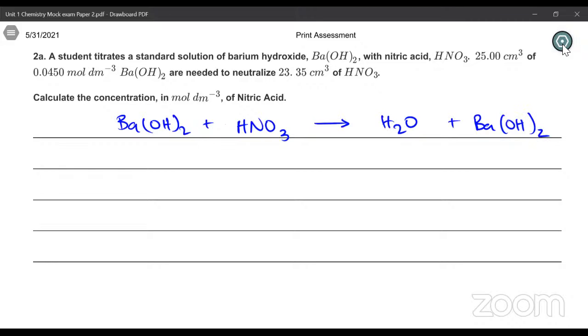Before I balance it, the reason how you could know what the products would be is you could identify that this is a base and an acid, and a base and an acid gives you salt and water. All right. So, balancing.